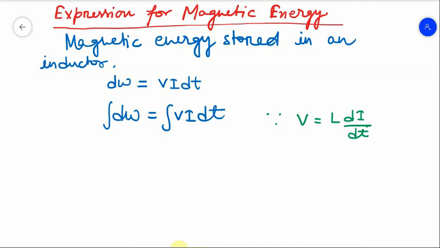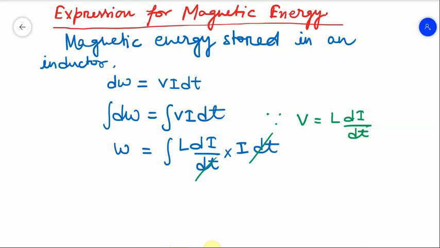So W will be equal to how much? In place of V we can substitute L di by dt, so it is L di upon dt multiplied by I dt. Now this dt and dt will be cancelled out. So W equals Li di. We integrate with respect to I, because di is the integrand.